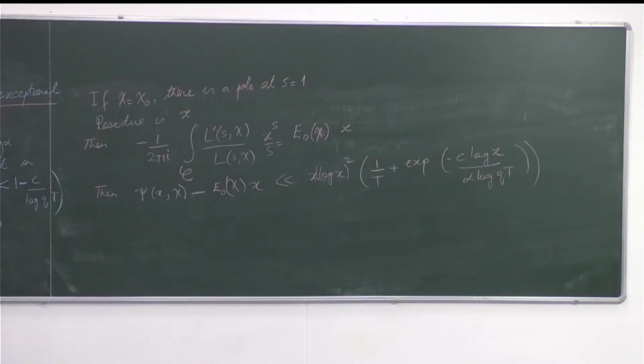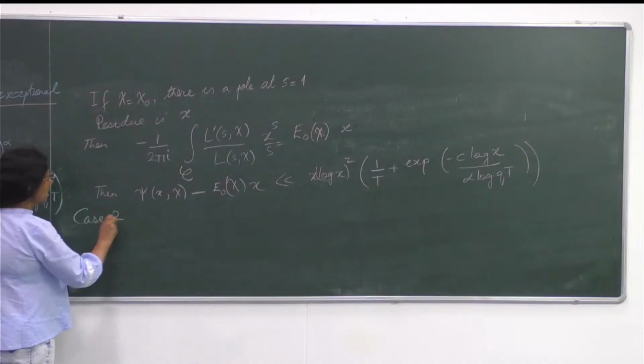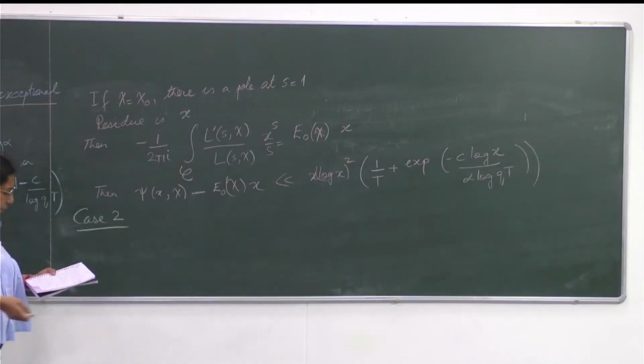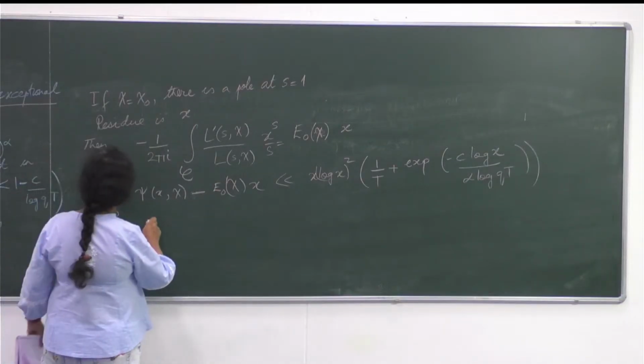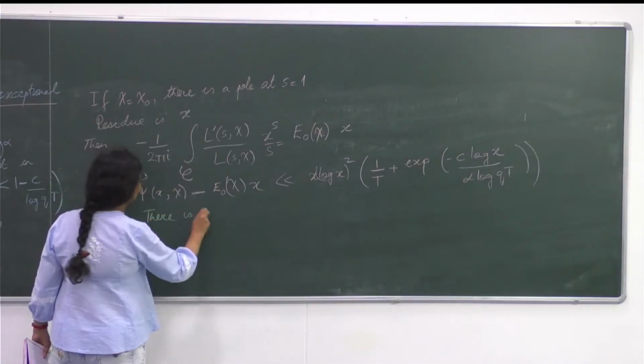The second case now will be when an exceptional zero exists. This is my case 2. An exceptional zero is a Siegel zero.